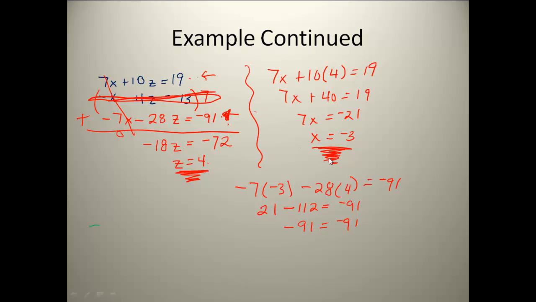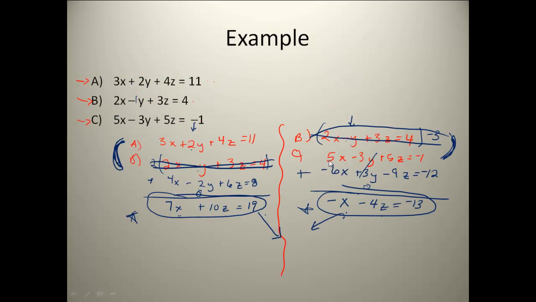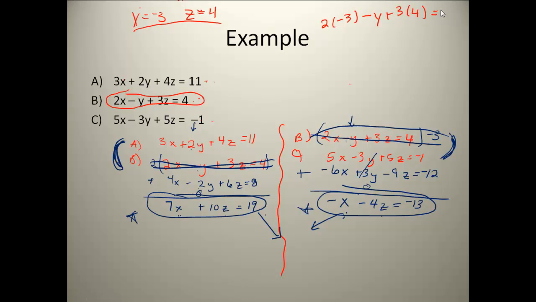In order to do that, I have to go back to one of my original equations and plug in my values. Now that I know that x is negative 3 and z is 4, I'm going to plug both of those into one of these three equations to figure out my y. I'm going to pick this middle equation here because it has the simplest version of y. So I would have 2 times negative 3 minus y plus 3 times 4 is equal to 4.